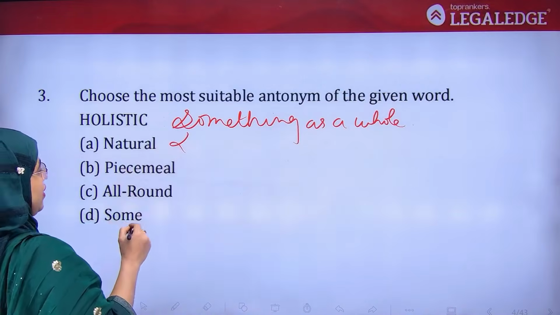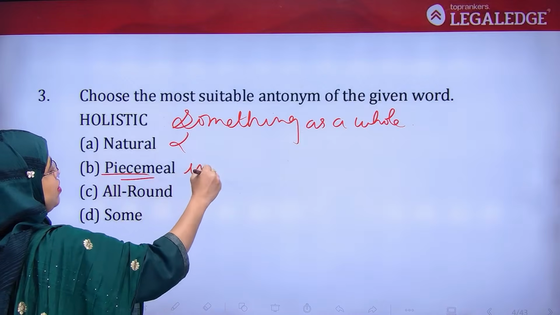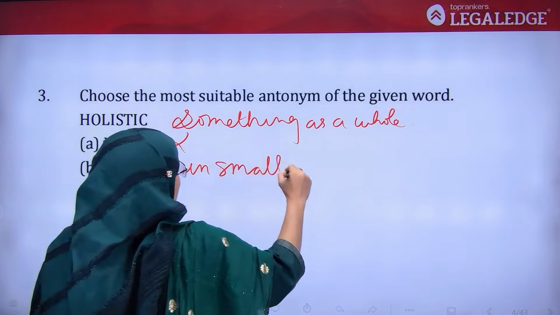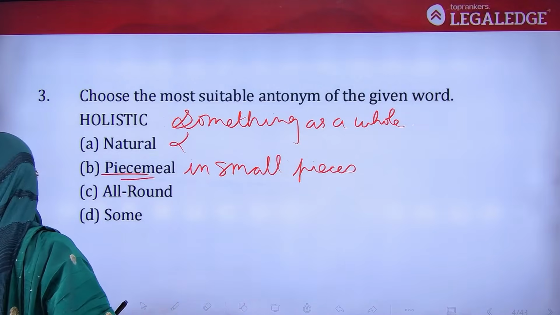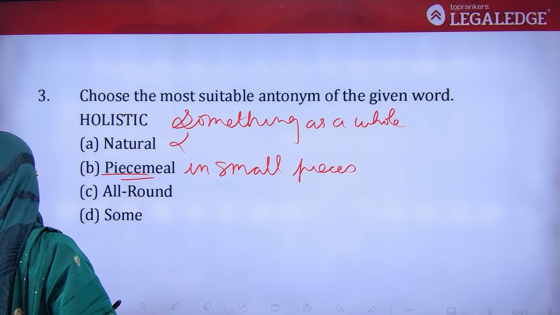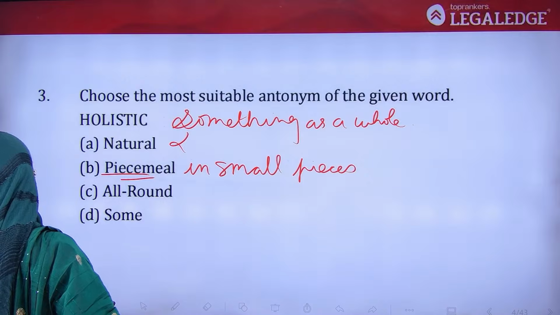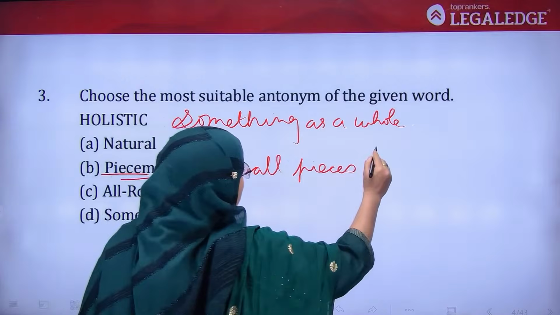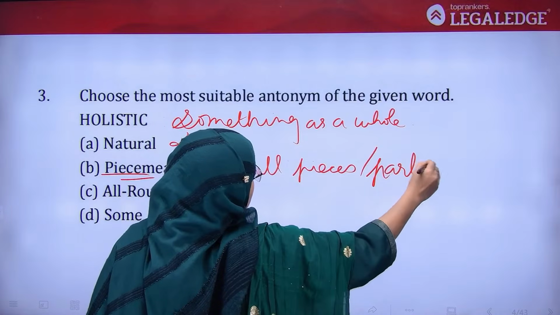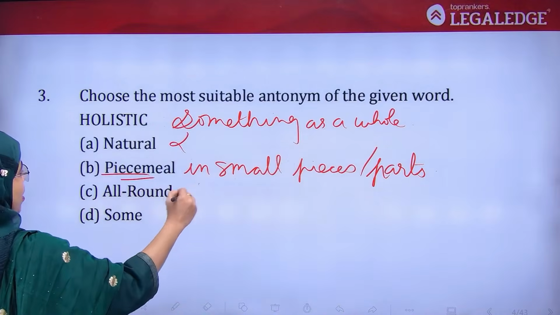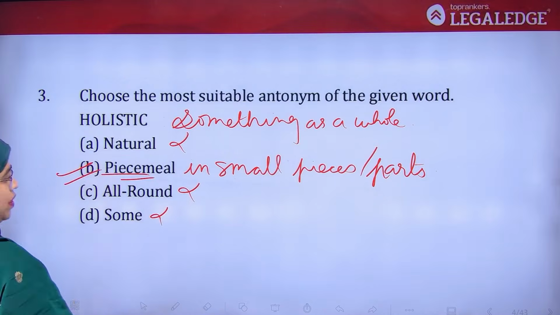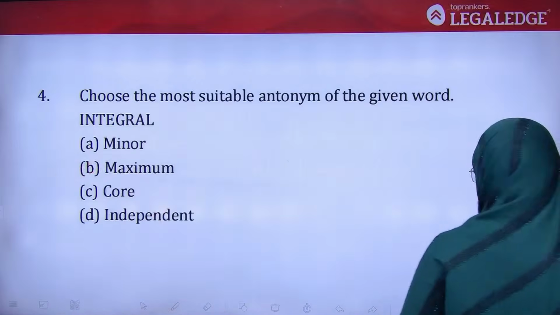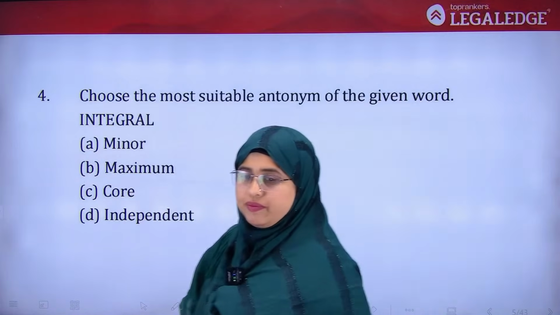Natural can't be the correct answer. Piecemeal. Piecemeal means in small pieces. Alright, that is piecemeal. So here, if I talk about this question, I think the correct answer choice should be in small pieces or parts. So all round is synonym, some is irrelevant. Correct answer is B. Question number 4 is on screen.